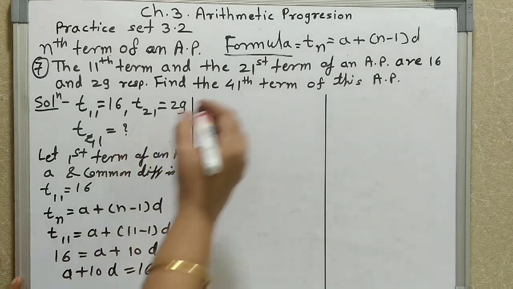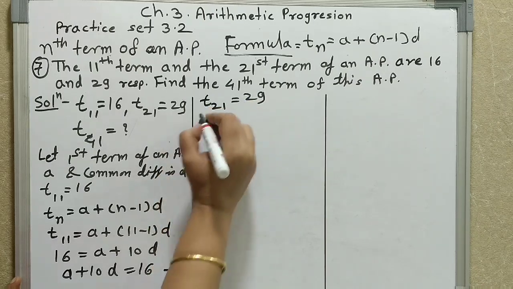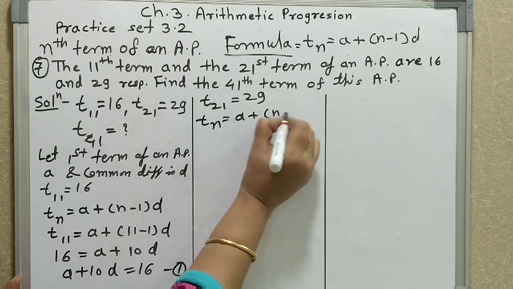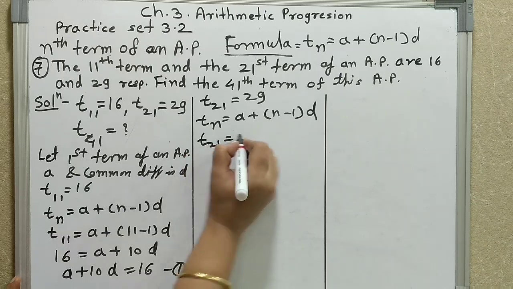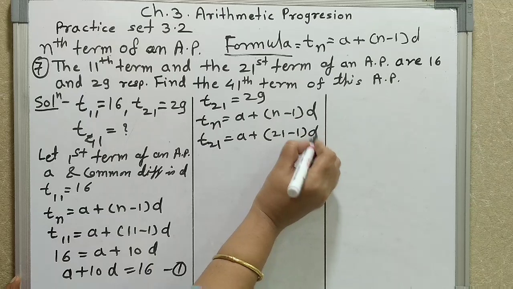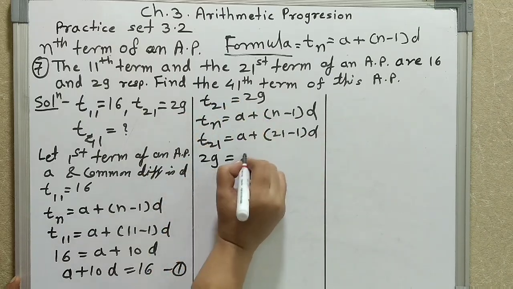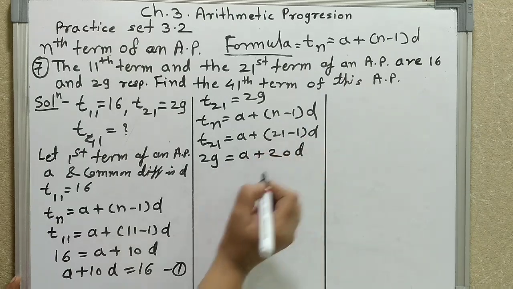Now we write T21 is equal to 29. Write the formula again: Tn is equal to A plus (n minus 1) D. So T21 is equal to A plus (21 minus 1) D. The value of T21 is 29, so A plus 20D.